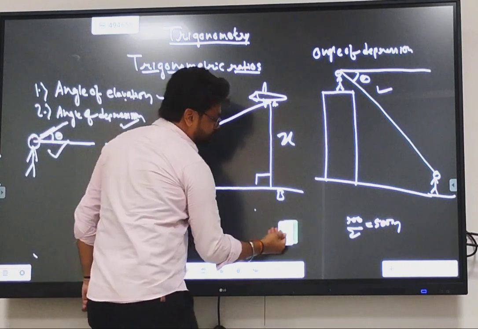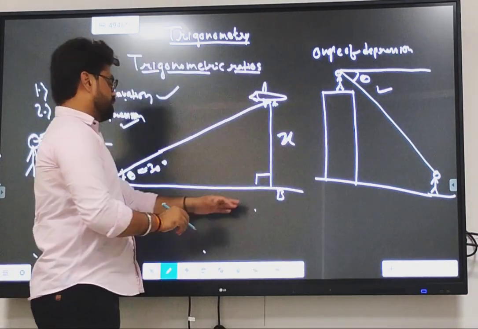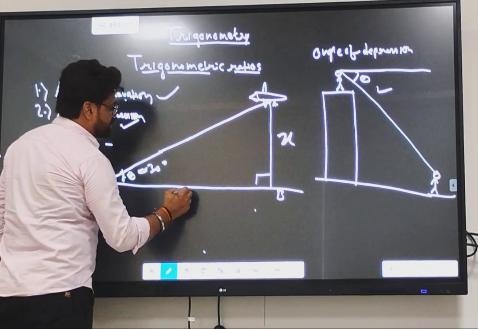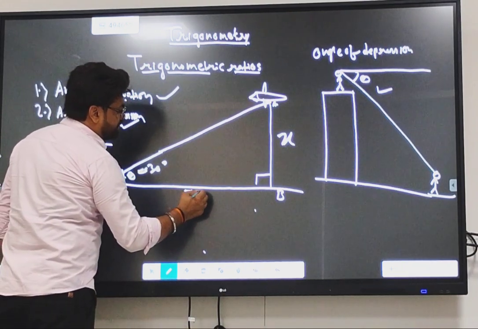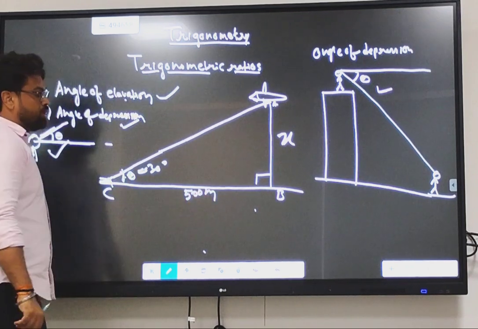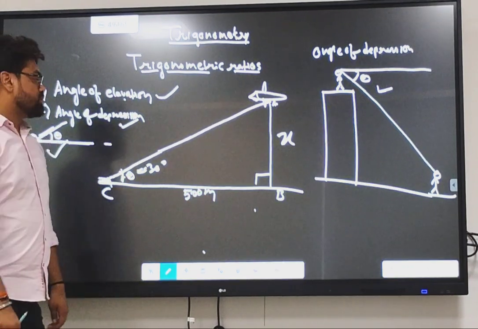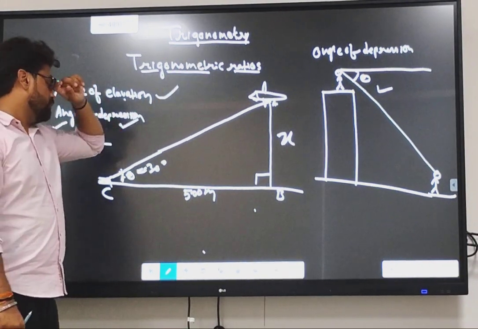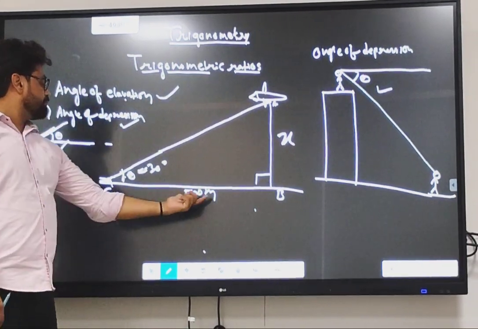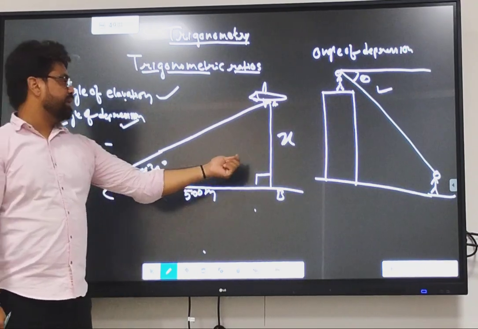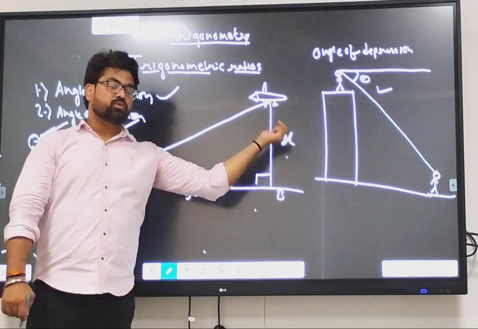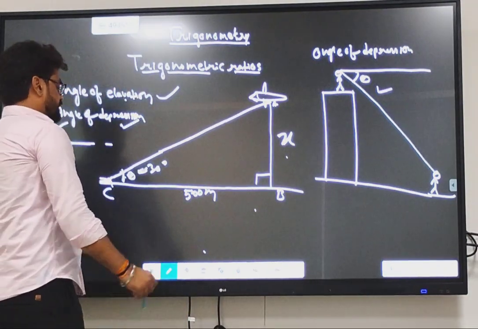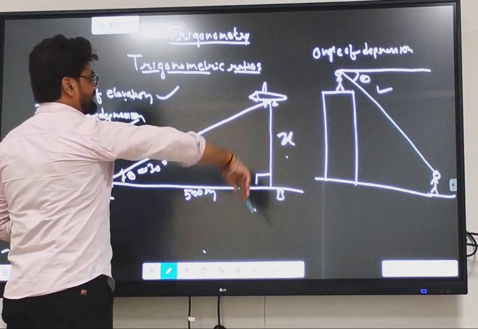So if I say the distance of this point B from the observer is, suppose, 500 meter. When AC was known, I was using sin 30. Now what is known? BC is known and we have AB to find. So what trigonometric ratio will we use if I have this BC and x?